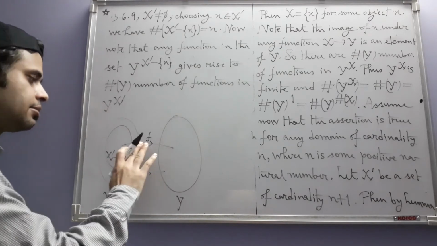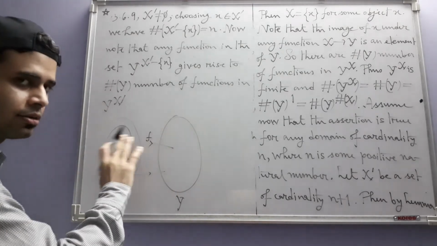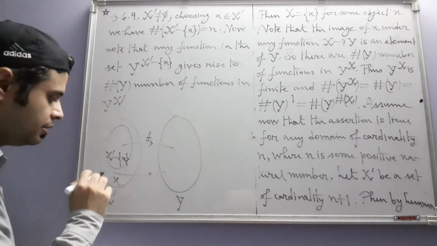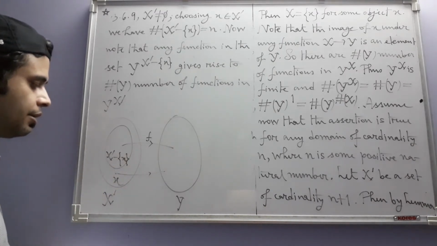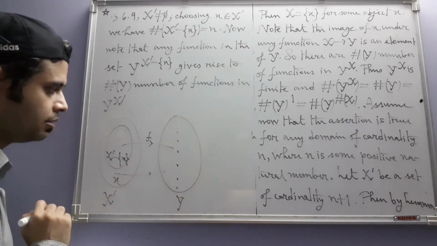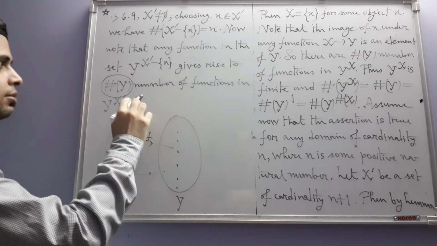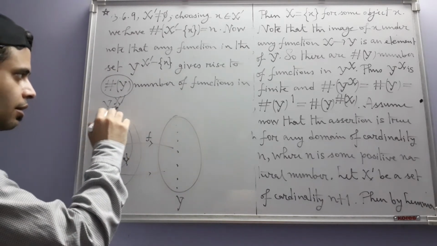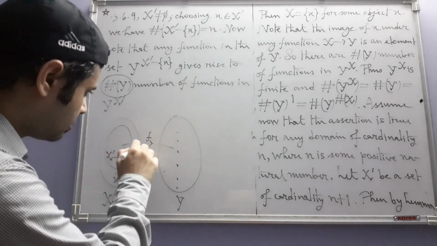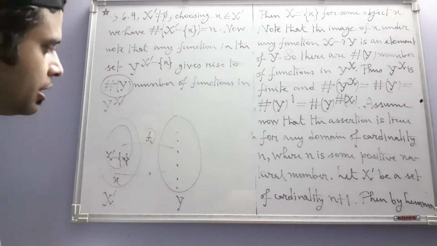For the others, f takes care of the other elements. Only the new image that we need is that of x, and that new image can be any one of the elements of y. So it gives rise to this many number of functions in the larger function set for each function in the smaller function set. I hope you understand what I am saying.